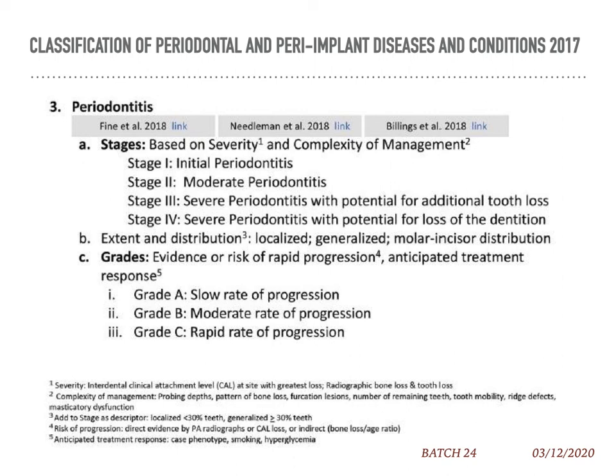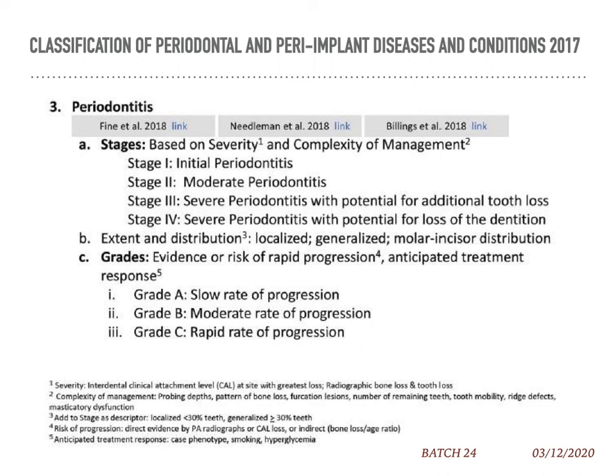Based on the extent and distribution, it is classified into localized, generalized and molar incisal distribution. So we already saw the localized and generalized classification for both chronic and aggressive periodontitis. Now they classified it as localized periodontitis, generalized periodontitis, and molar incisor pattern of periodontitis. So there is no generalized aggressive periodontitis.